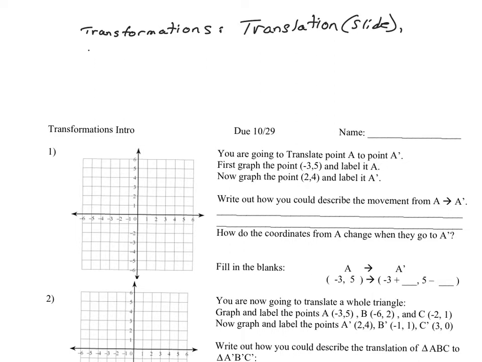The second transformation is a reflection, and you'll sometimes hear that referred to, or the easy way to talk about it is a flip. Then we have a rotation, which is just that. You can call it a spin if you want.